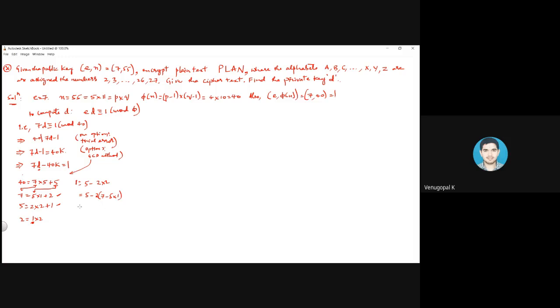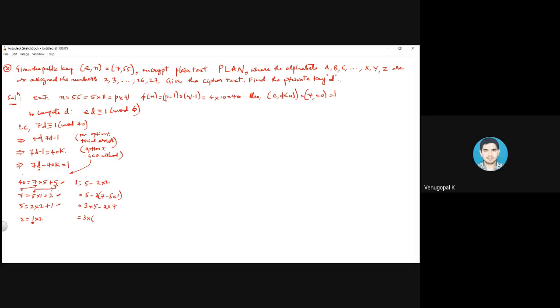Let us simplify that. This can be written as minus of minus plus 2 times 5 plus 1 times 5. So totally 3 times 5 minus 2 times 7.